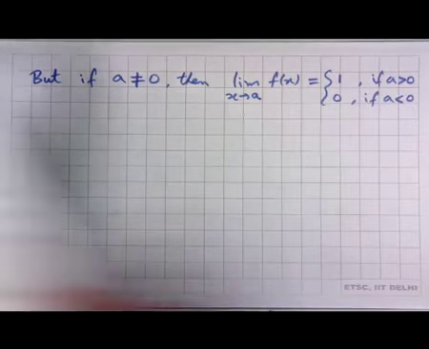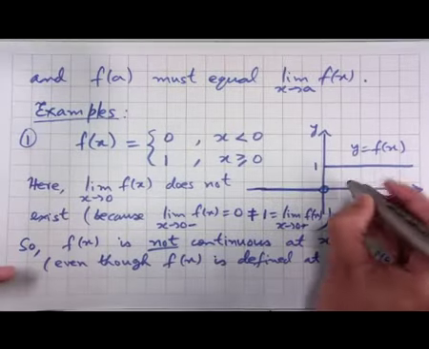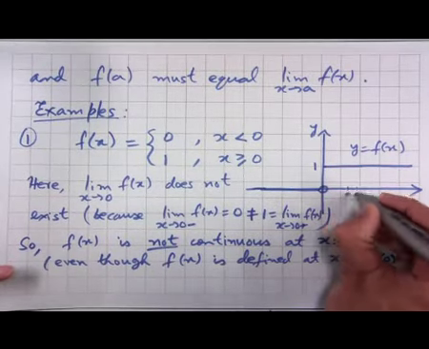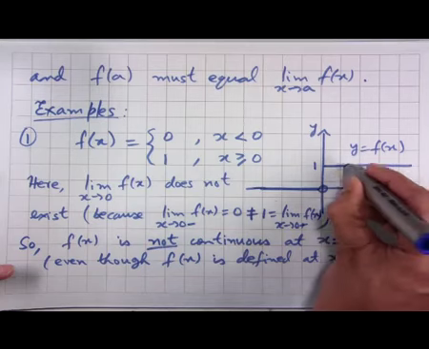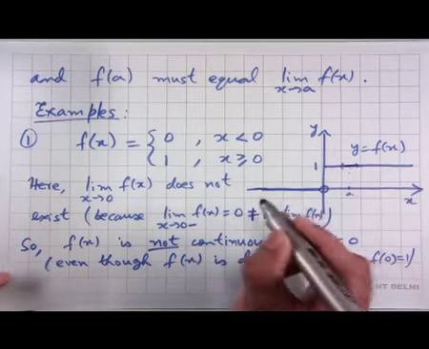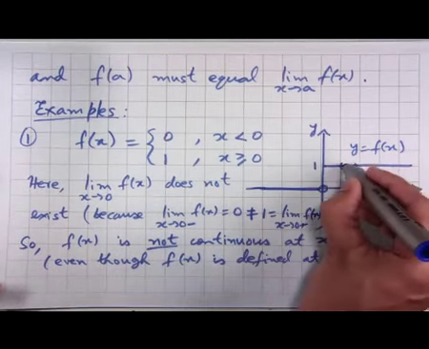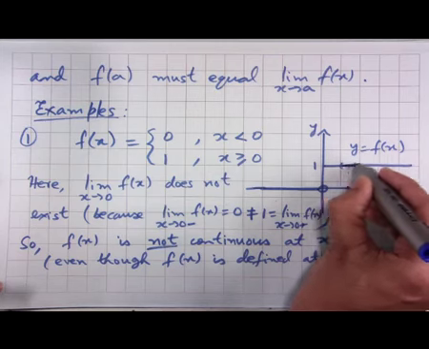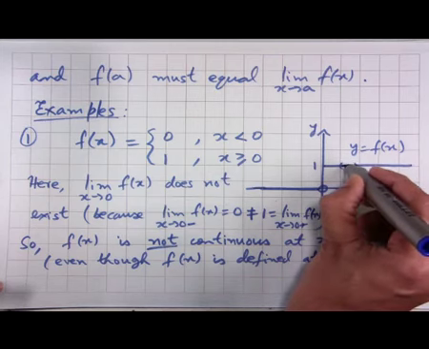This you can see from this graph: if we take any a to be positive, then the function is constant 1 in an interval containing this point a, and therefore the left hand limit and right hand limit are both equal to 1.